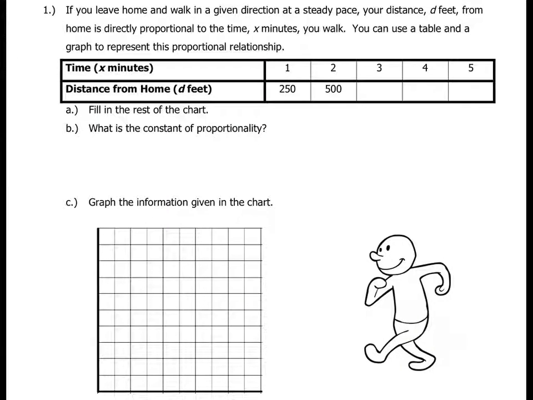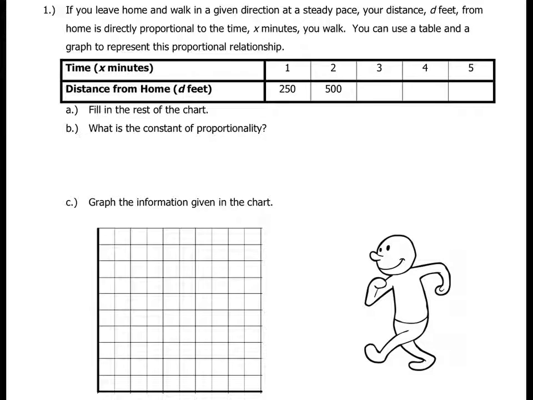So, if you leave home and walk in a given direction at a steady pace, your distance, d feet from home, is directly proportional to the time, or x minutes, that you walk. You can use a table and a graph to represent this proportional relationship. So, at 1 minute, you've gotten to 250 feet, and at 2 minutes, you've gotten 500 feet.